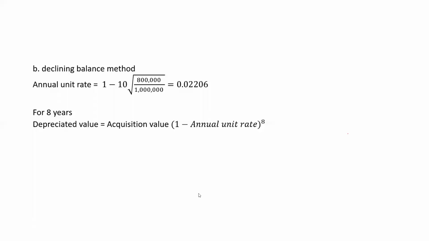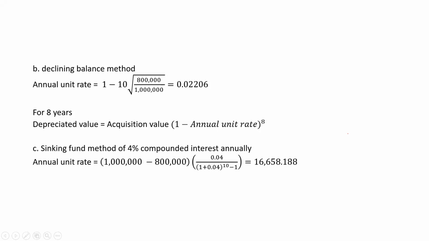Okay, yeah, that's correct. So the depreciated value using declining balance method at the end of 8 years will be 836,561.13. Very correct.